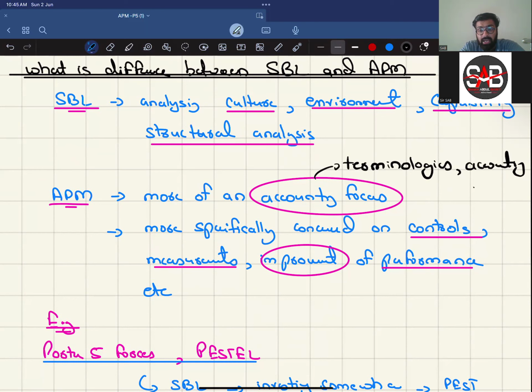They more specifically cover the controls area, the measurements area, and the improvements of performance area.